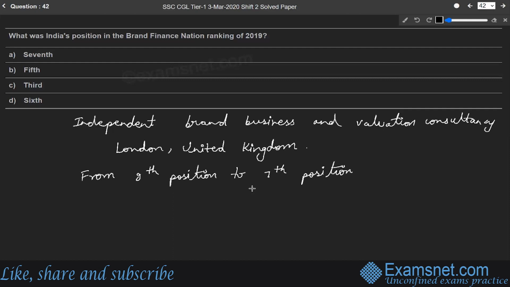And the top three countries continued to be the US, China, and Germany. US, China, and Germany continued to be the top three nations in the year 2019, while India moved from ninth position to the seventh position in the Brand Finance Nation ranking of the year 2019.